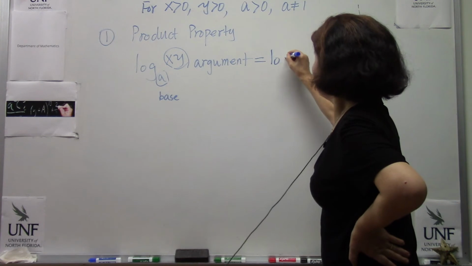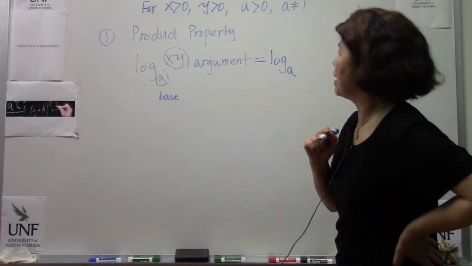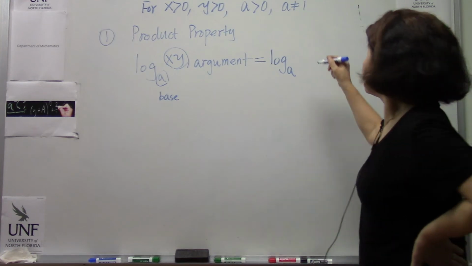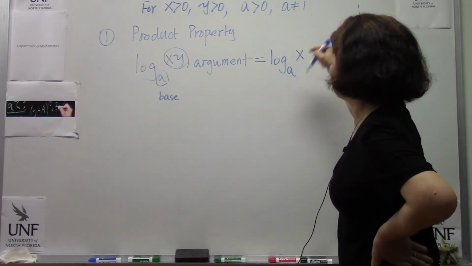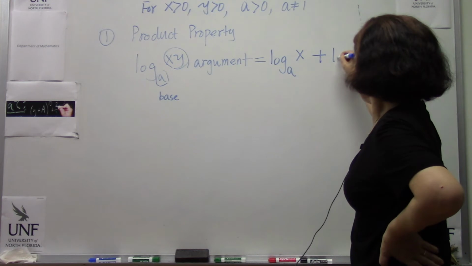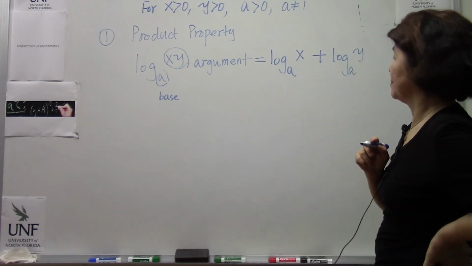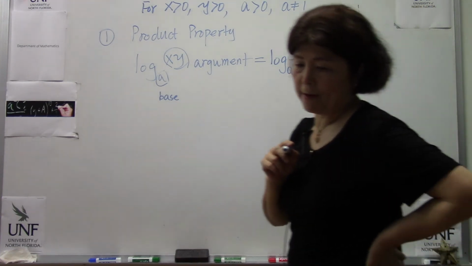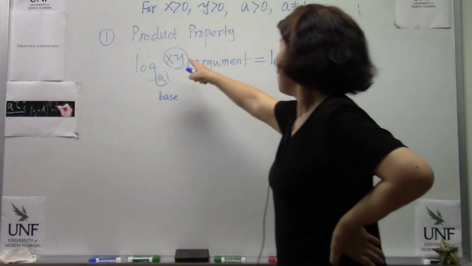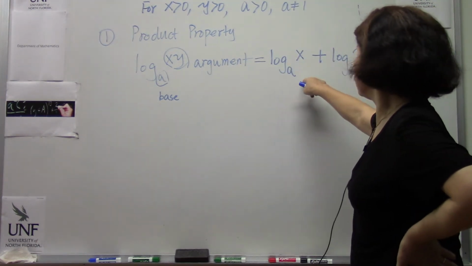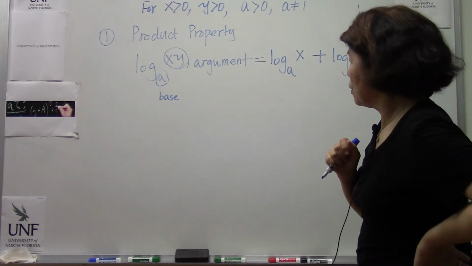We can split this into two separate logarithms, but of course having the same base a. So here, log x to base a plus log y to base a. Okay? So when you have a multiplication in the argument, you can split it into two separate logarithms.